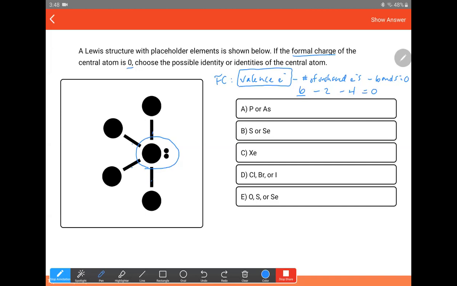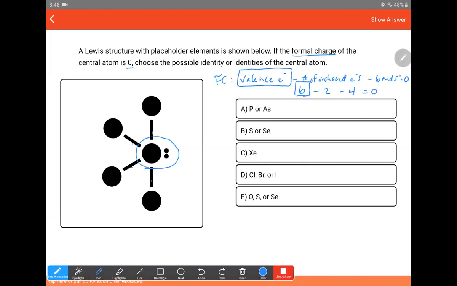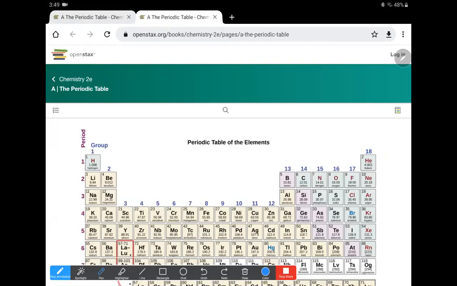So it has to be something in that 6A or 16 column in our periodic table that brought 6 valence electrons. So if we look at our periodic table real quick, we see that we're looking at this column. Now it's shared, so that lowers it to here, S or Se or oxygen.